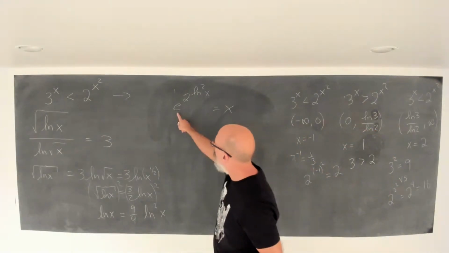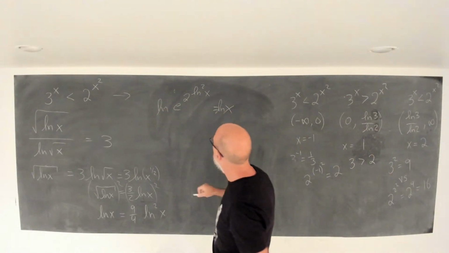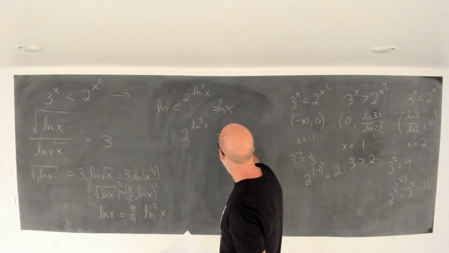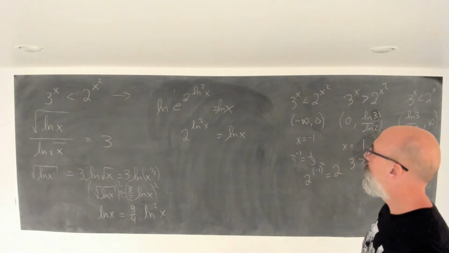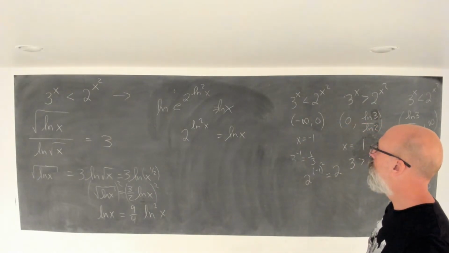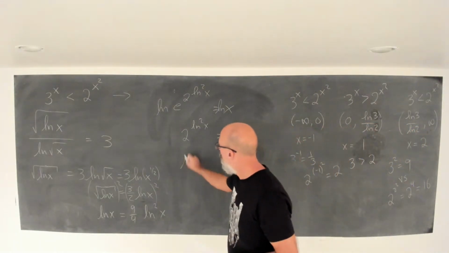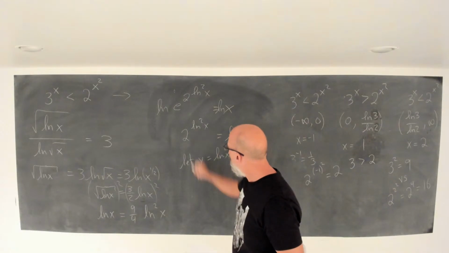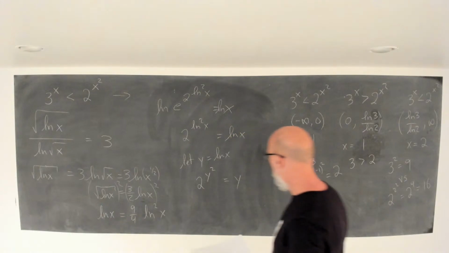Well, my first thought would be to take ln of both sides, leaving you with 2 to the ln squared x is equal to ln x. And if you replace, you get 2 to the y squared is equal to y.